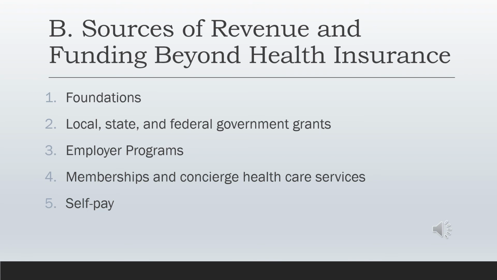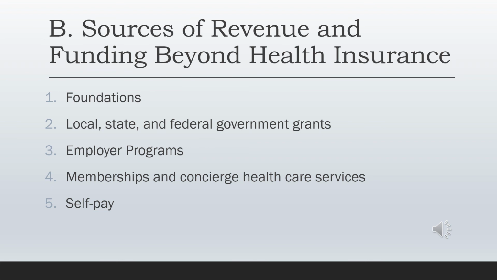Now, moving on to sources of revenue and funding beyond health insurance is really covered in this slide. We have 5 major sources of revenue: foundations, local, state, and federal government grants, employer programs, membership and concierge healthcare services, and self-pay. Now, a foundation's really any entity that supports charitable activities.